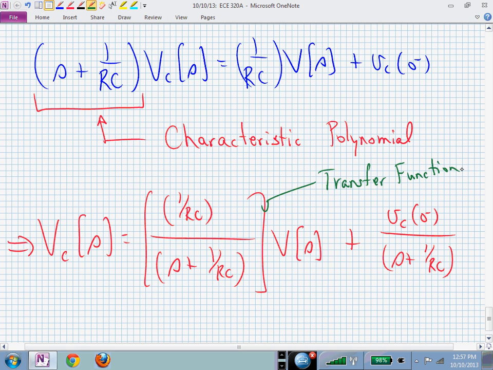That transfers the signal, the input signal, our source, capital V, to an output signal, V sub c. And if we had 0 initial conditions, we would just need to worry about that transfer function and how that maps. One way of thinking of it is that it's just a filter. It's a glorified filter.